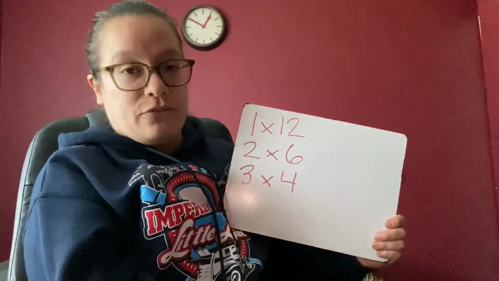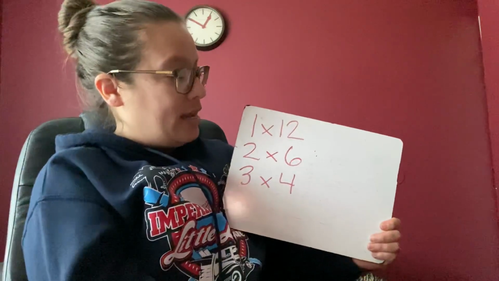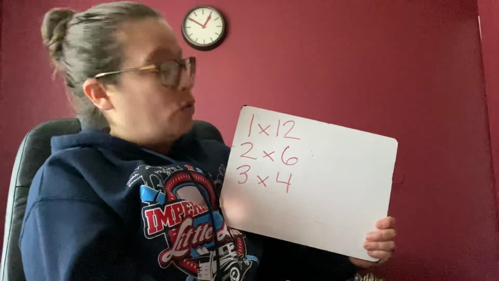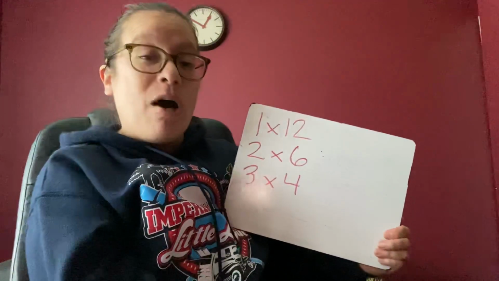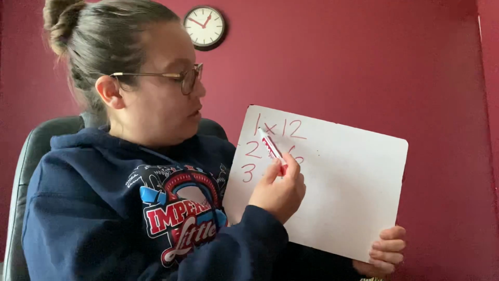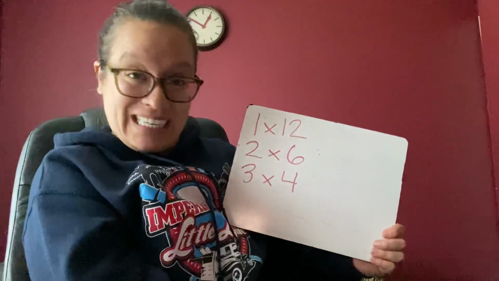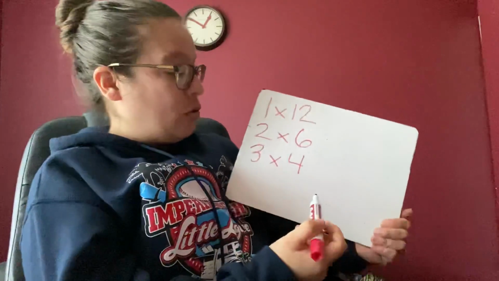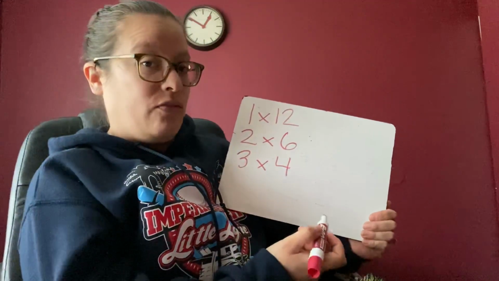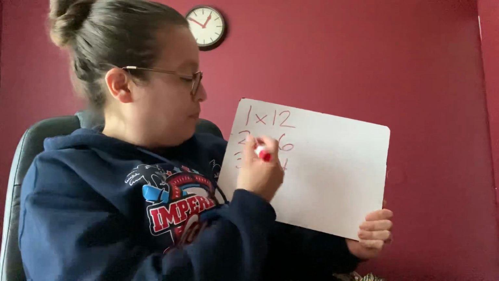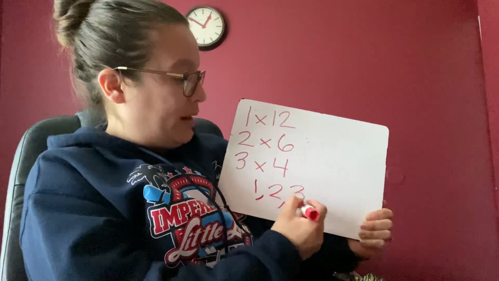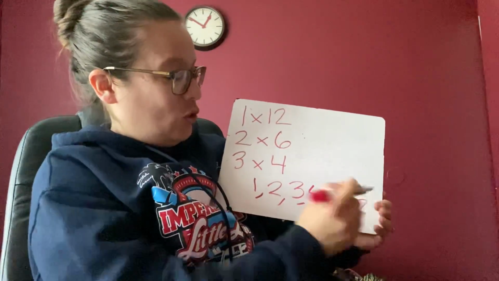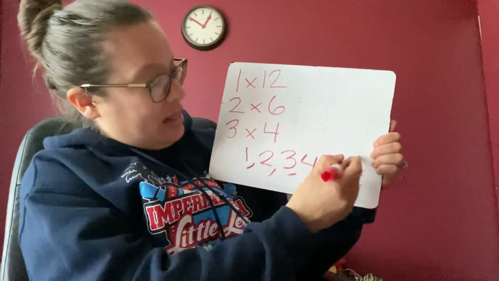4, we already have it. 5, 6, already here. 7, no. 8, nope. 9, no. 10, no. 11, no. 12. Here we go. That's it. So how many factors does 12 have? 6. 6 factors. What's the trick to writing them? You write them in order. So the 6 factors of 12 are 1, 2, 3, 4, 6, and 12.